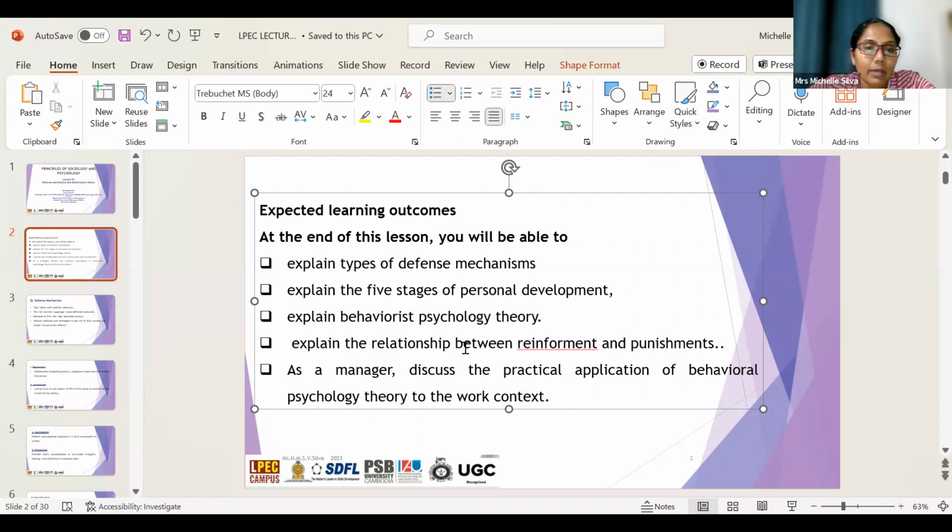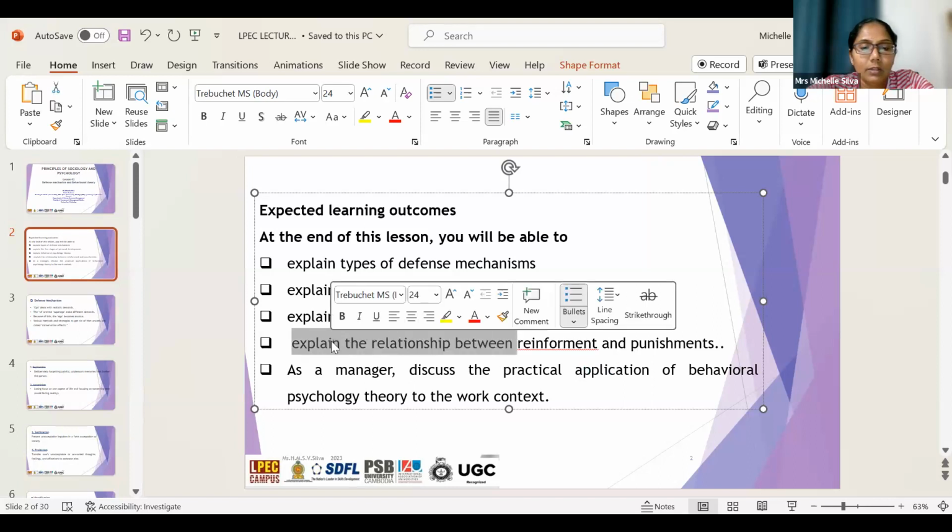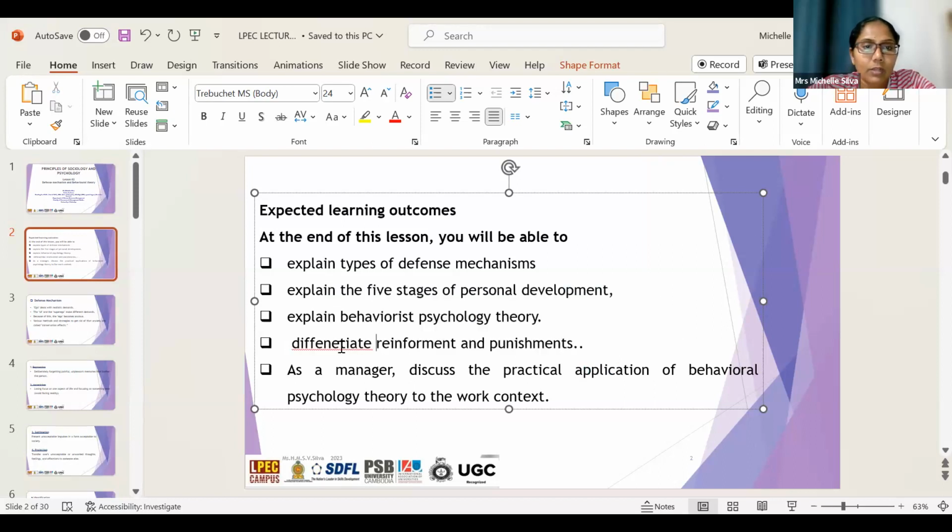Actually, I differentiated reinforcement and punishment. Then finally we discussed, as a manager, how operant conditioning can be used. What is the practical application of operant conditioning or behavioral psychology theory to the work context?